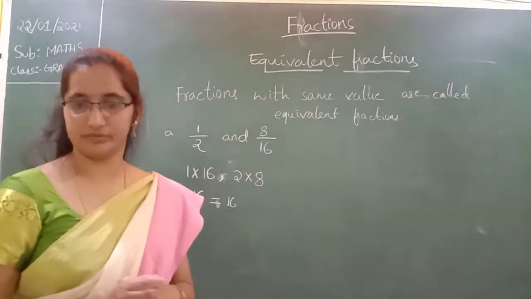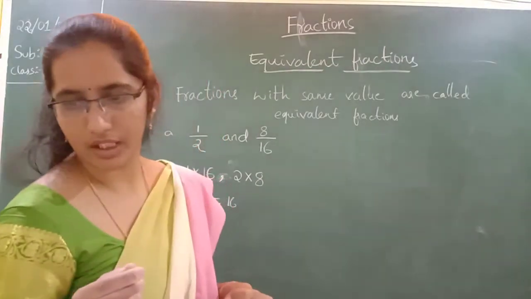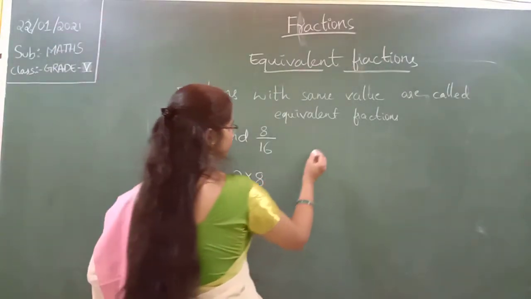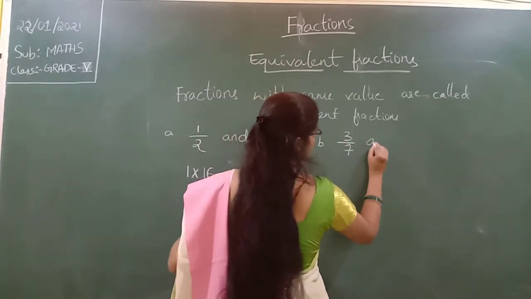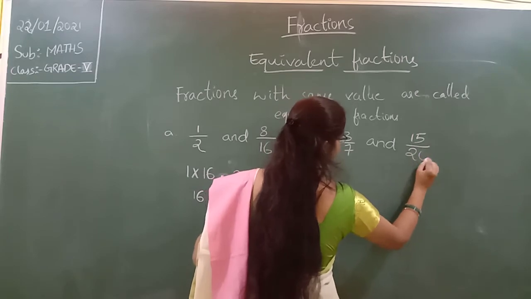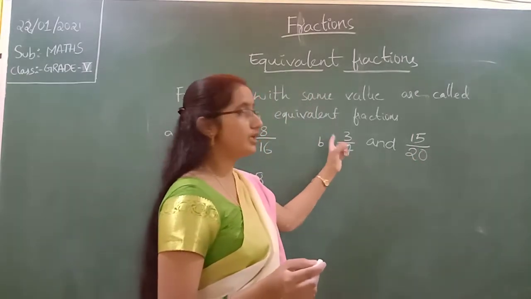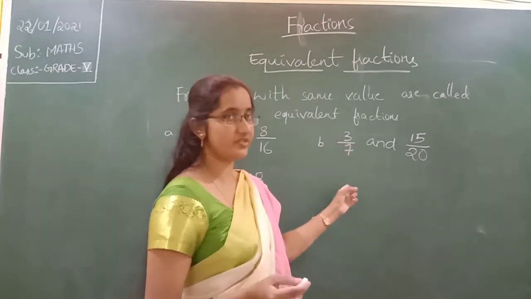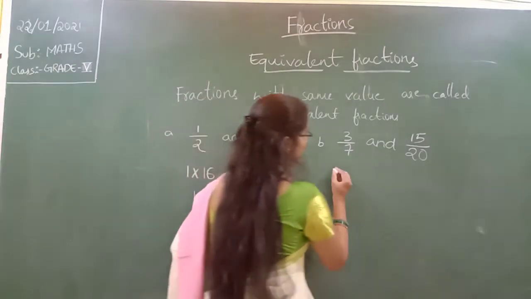And we have another one: 3 by 7 and 15 by 20. First we have to multiply the numerator of the first fraction with the denominator of the second fraction.